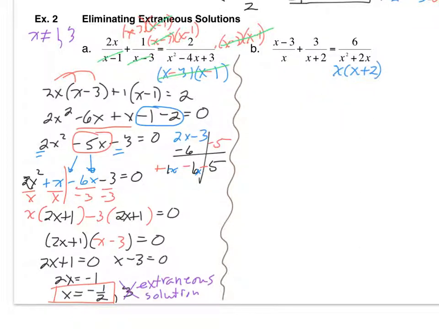All right, so we're going to multiply every term by the LCD. Notice I'm putting in parentheses. So this whole thing gets multiplied by x times x plus 2. And then this one gets multiplied by x times x plus 2. And this whole thing gets multiplied by x times x plus 2.